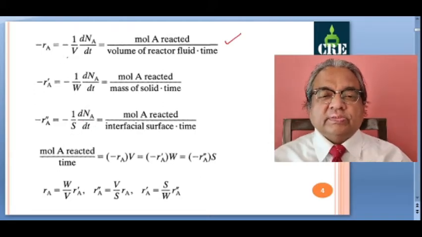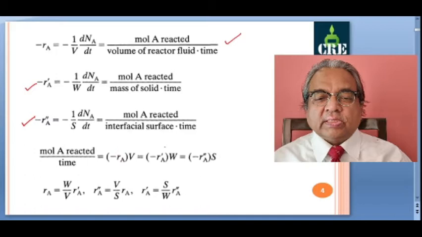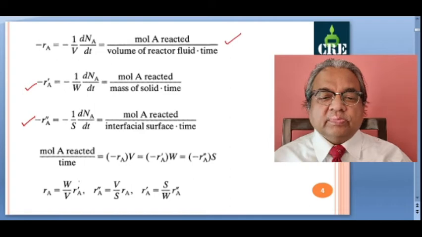With these definitions, I can write this minus dNA by dt, that is moles of A reacted per unit time, as minus RA into V, minus RA prime into W, minus RA double prime into S. And the relationship between these various rates can be written as RA is equal to W by V into RA prime, RA double prime is equal to V by S into RA, RA prime is equal to S by W into RA double prime.